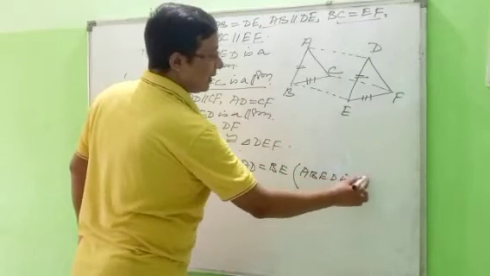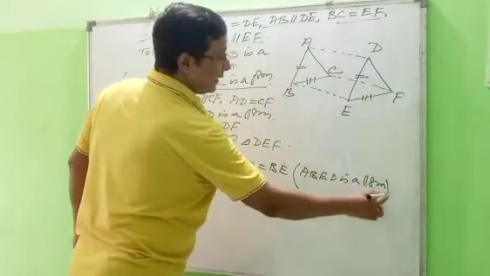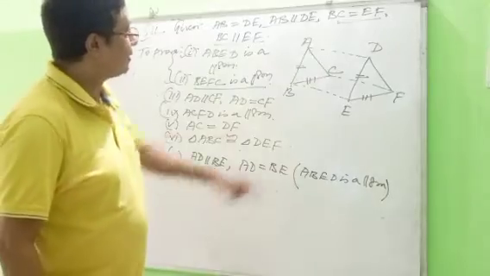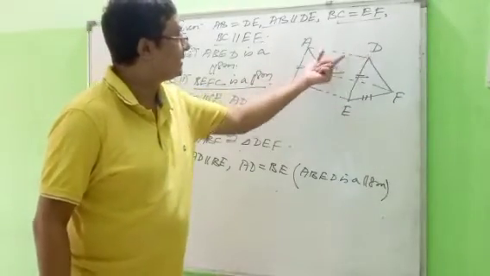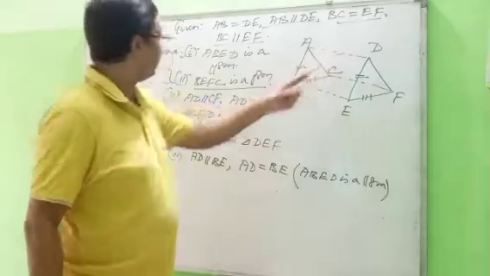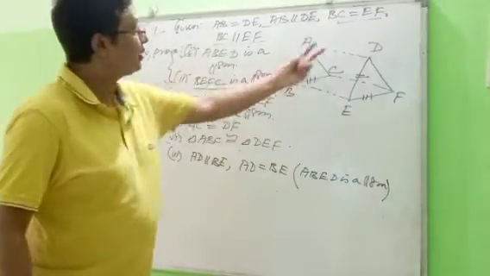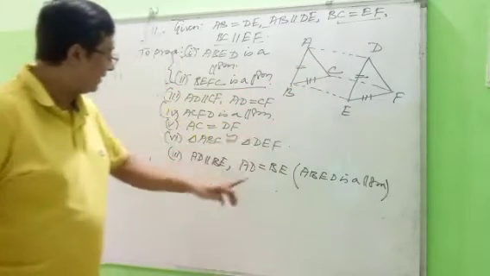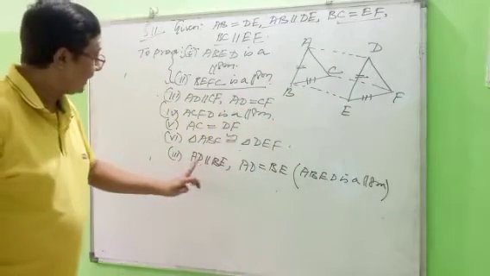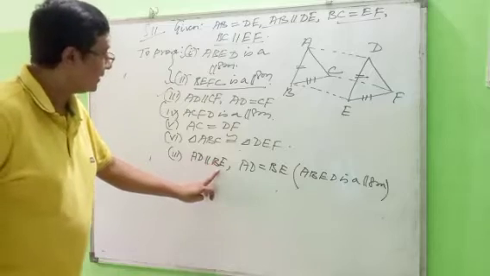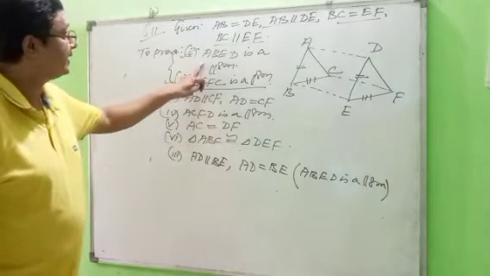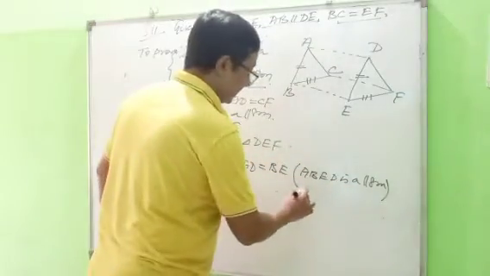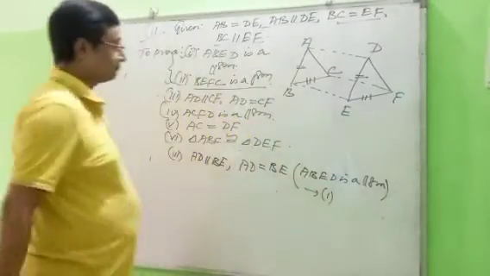As you know, in a parallelogram, opposite sides are always equal and parallel. That is why the opposite pair of sides are equal: AD equals BE and AD is parallel to BE. You have got it from 1, so this is equation number 1.